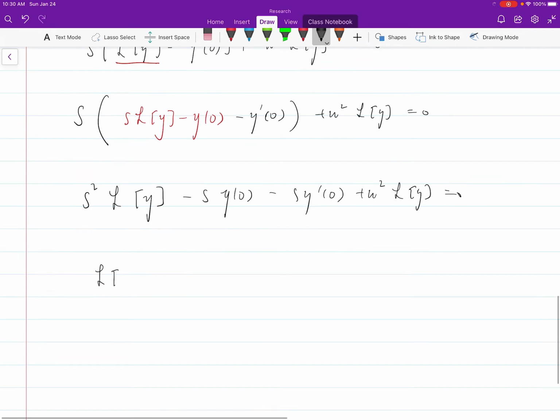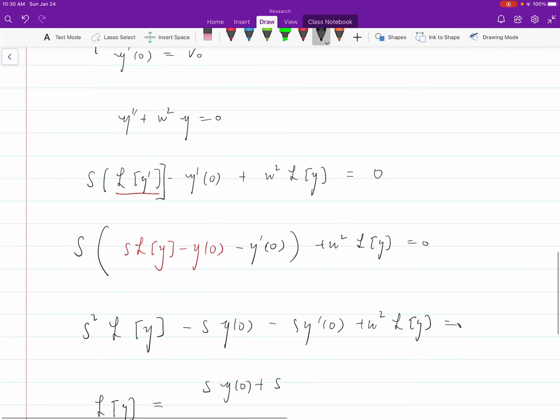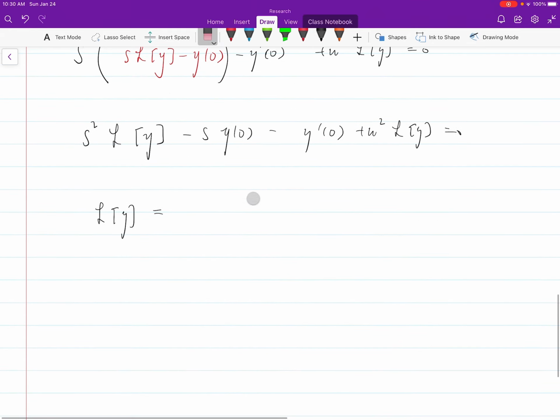Therefore, we have Ly equals sy0 plus y prime 0... Somehow this is not right. What did I do? This parenthesis should not be here. That's why. There's no s here. Now it's more like it. Y prime 0 plus sy0 divided by s squared plus omega squared.